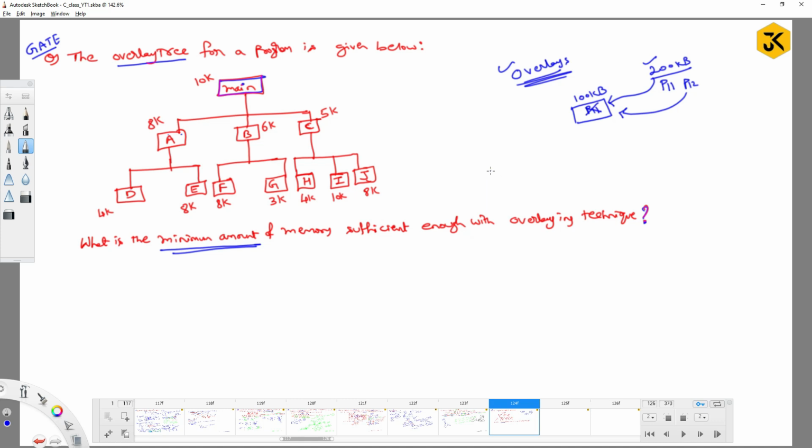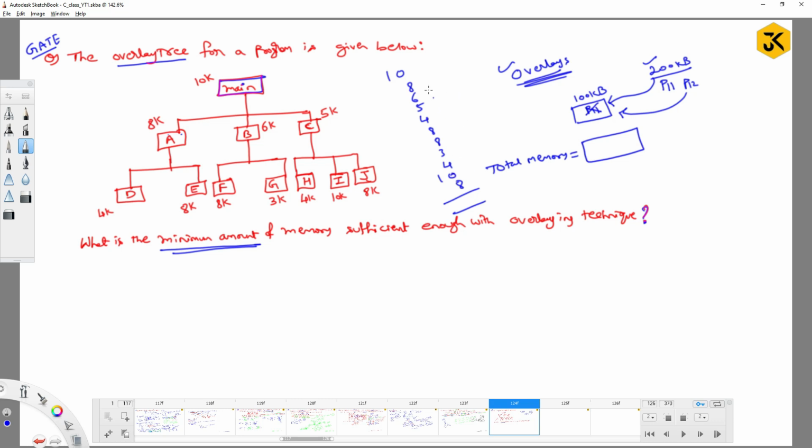Generally, how much memory is totally required in order to execute this particular program? Can you tell me? Yes, the sum of all this: 10, 8, 6, 5, 4, 8, 8, 3, 4, 10 and 8. Guys, you might think you can sum it up right there itself, but I might get confused.